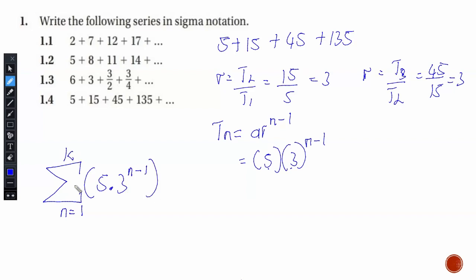And then indicate k there, because we don't know to which term it will actually end. Right. Then we have our sigma notation just like that. So that's how you indicate your sigma notation, and then make sure that you actually check that out. Find a lot of questions that you can do, and then you'll master that.